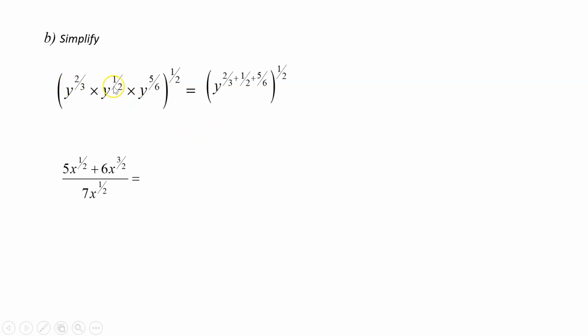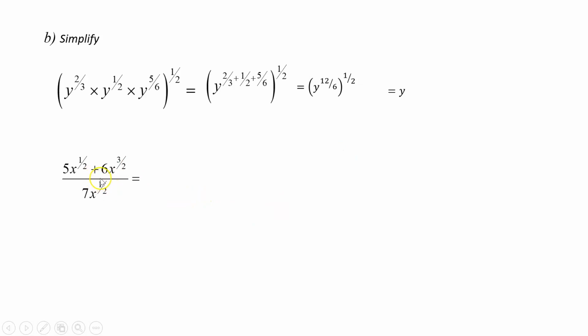So you've got 2/3 plus a half plus 5/6, and all to the power half. Add those as fractions, put them all over 6, and you get 12 over 6 to the power half. So you multiply the 2 powers then, and you get y to the 1.